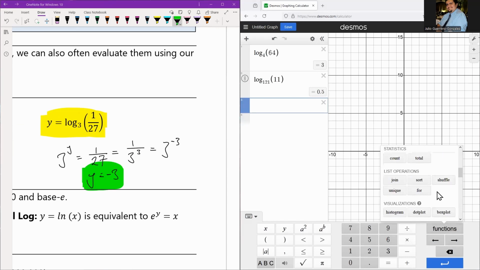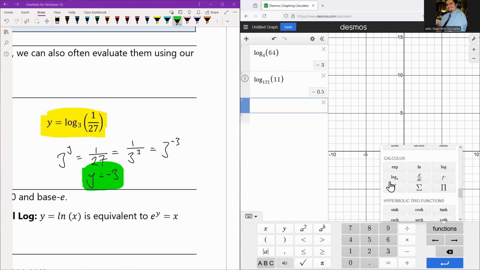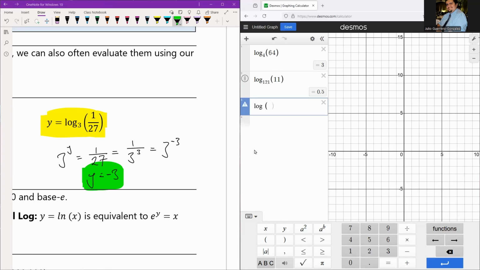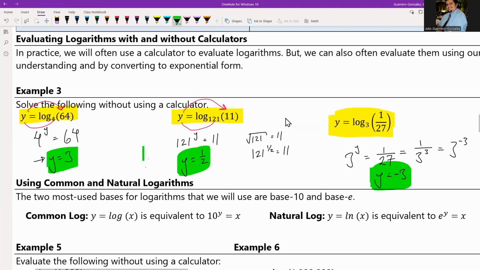Function, scroll down, where's log? There we go. Log base 3 of 1 divided by 27, negative 3. Bam. So Desmos can do these things for you. You just need to know how to plug them in.